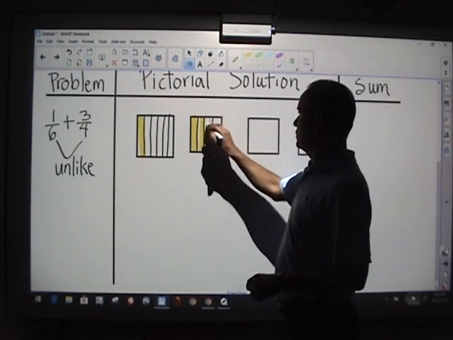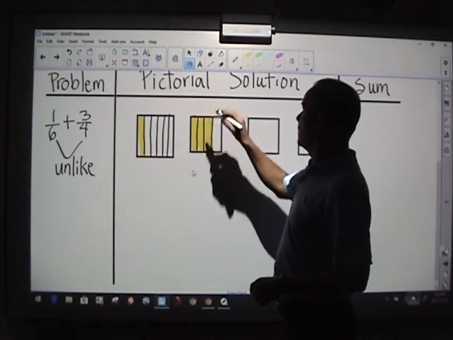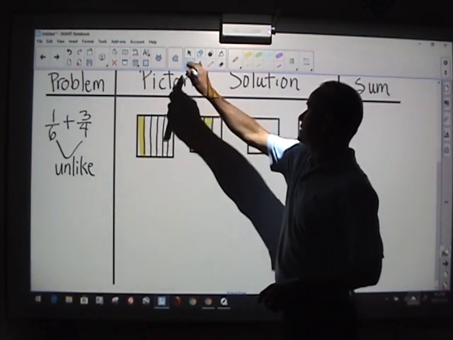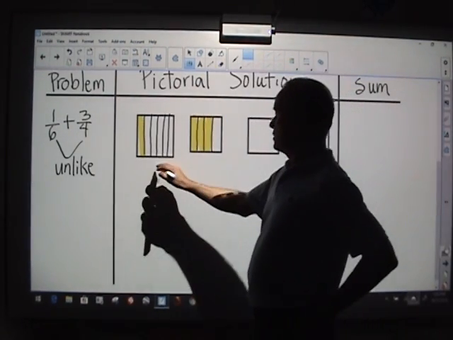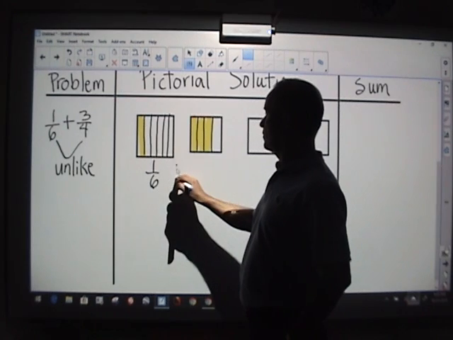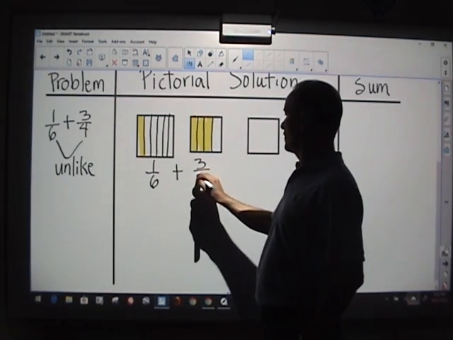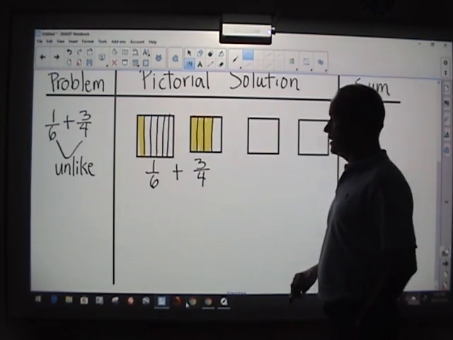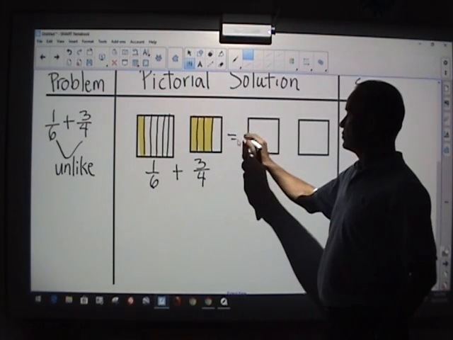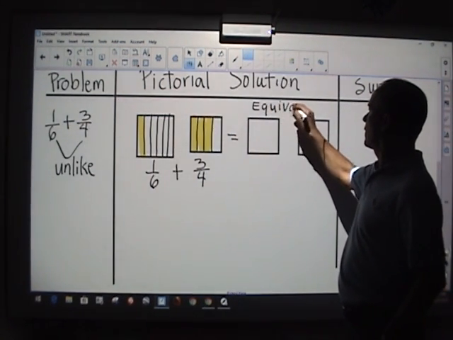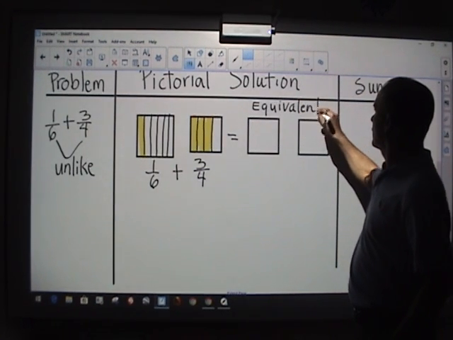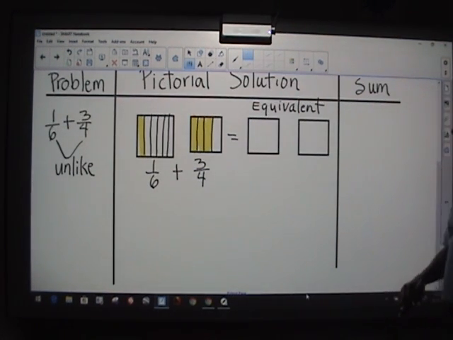1, 2, 3/4. Now I need to label these because it is important to label them so I know what I'm doing here. So this is going to be 1/6 plus 3/4. So far so good, right? Now we're going to convert them into equivalent fractions. So they're going to be equivalent fractions now.